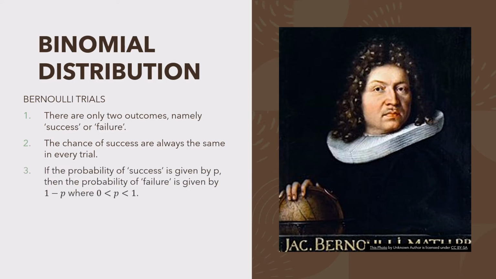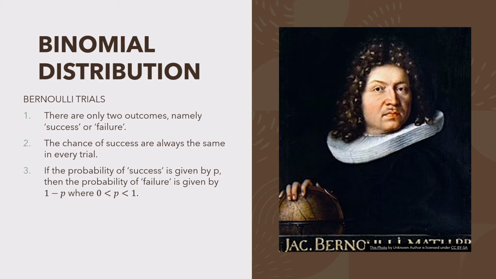So it is independent. If the probability of success is given by P, then the probability of failure is given by 1 minus P, where P is in between 0 and 1. It cannot be less than 0 or greater than 1, because for the probability distribution of all events, the maximum is 1.